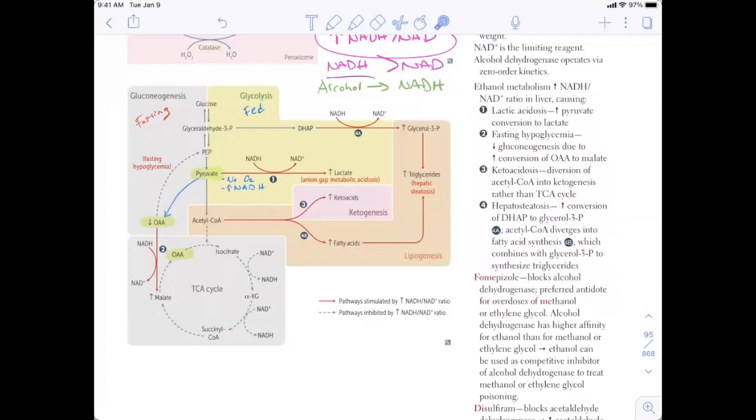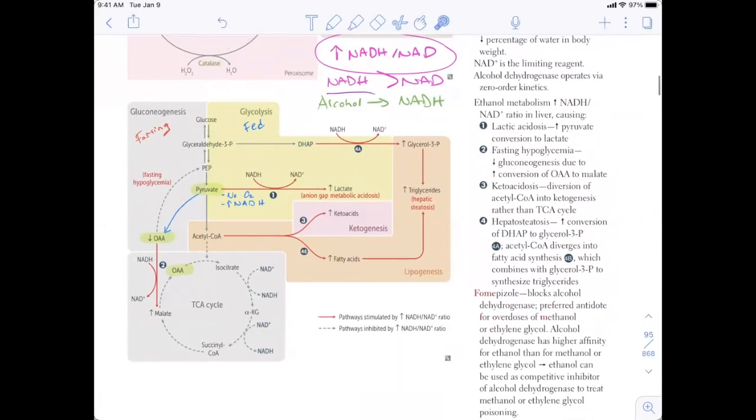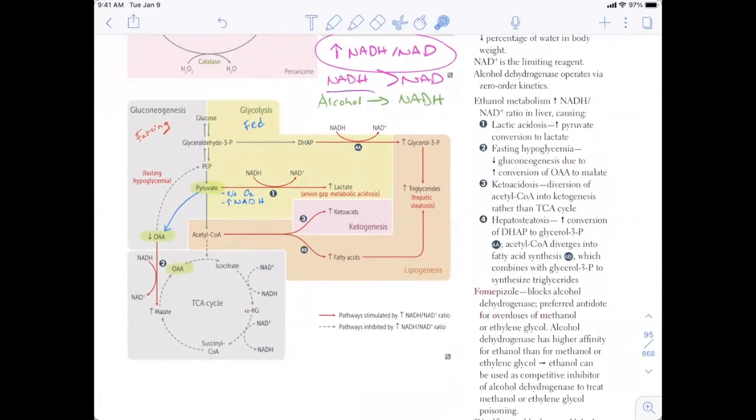Other things that can happen, and if time permits we'll come back to them, is you can get fasting hypoglycemia because of reduced gluconeogenesis. And why is that going to happen? Because if you come down to these steps right here, you have to know, here are other examples of reactions that require NADH versus NAD.